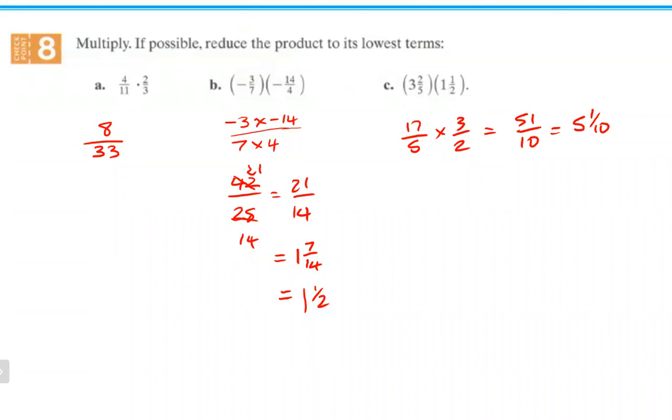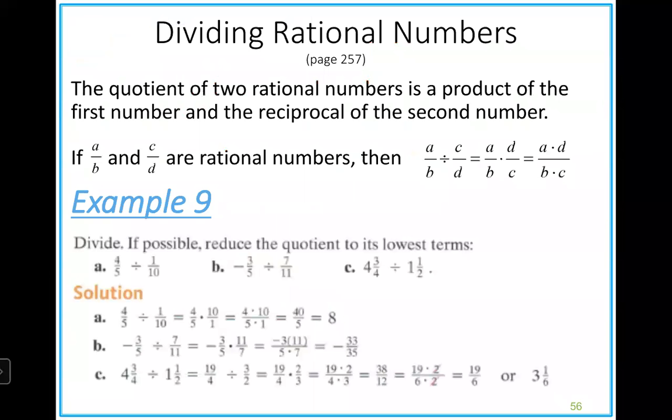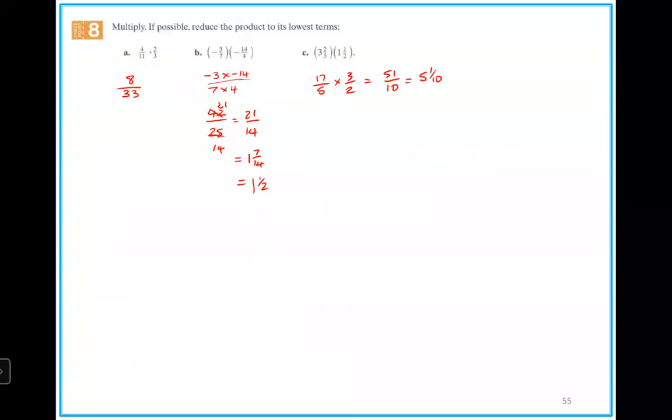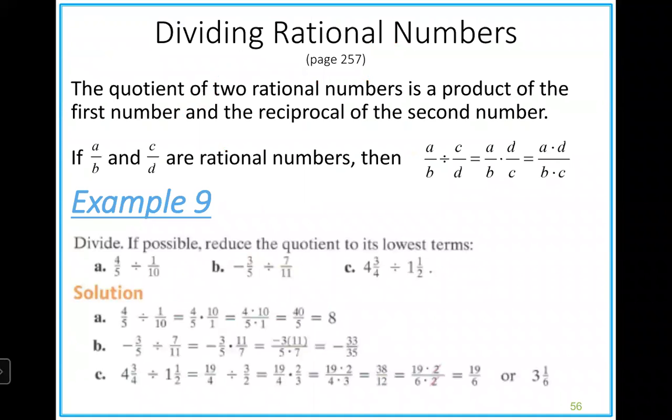That was good. So let's go on then. All right, so that was the multiplication. Now the division. It says here the quotient of 2. And by the way, remember quotient means the answer when you divide. So anytime you see that word, you know you're talking about division.